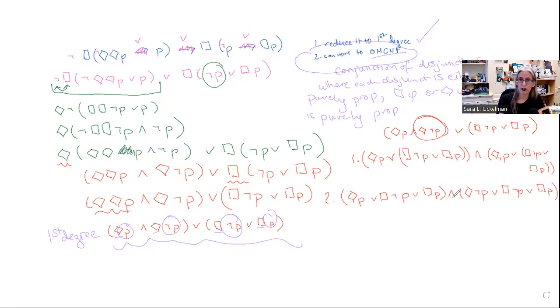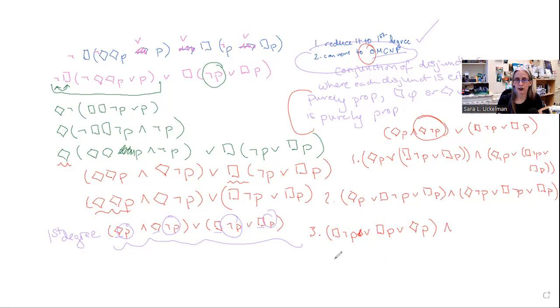It is a conjunction of disjunctions of which each disjunct is of one of these forms, but we want it to be in ordered modal conjunctive normal form, which means first we take all of the necessity formulas, and then we take all of the possibility formulas. And if we had more than one possibility formula, we would have to bundle them together so that we only ended up with one, but we only have one, so we don't need to do that step.